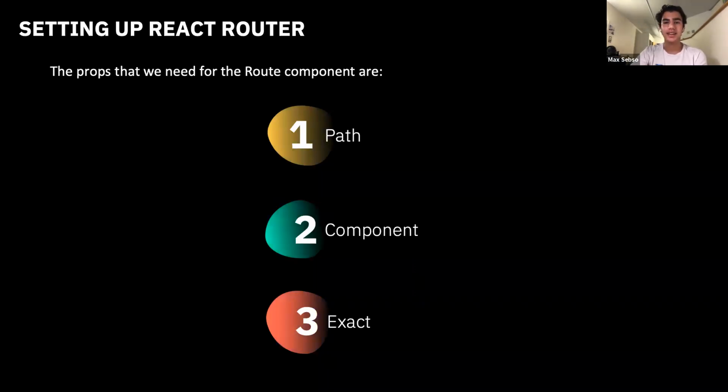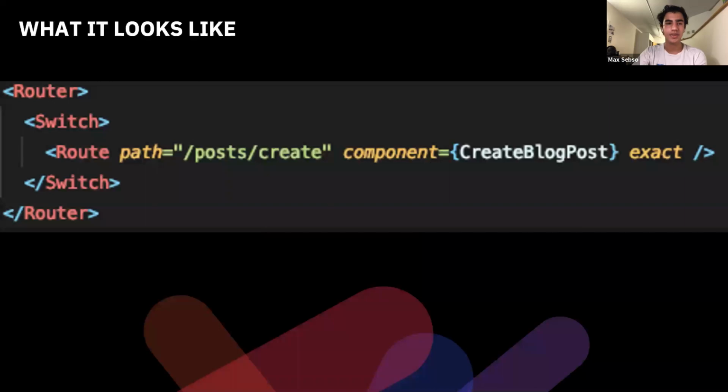I'm going to get into that in a little bit, but let's go ahead and see what it looks like. This is what the React Router setup will look like in your app.tsx. Right now in our app.tsx, we just display the landing page, or we can display the create blog post component, or any component we want.